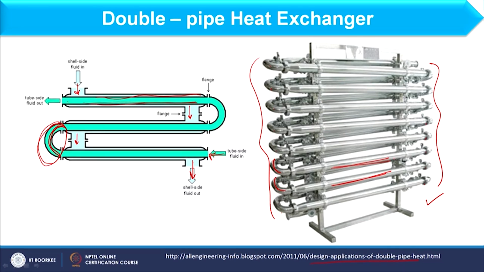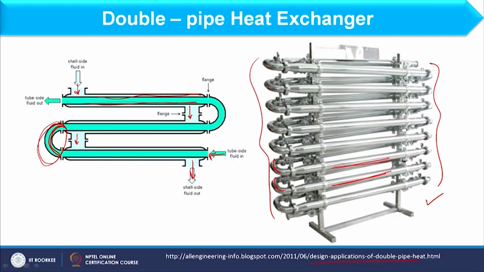So why am I putting this hairpin, or the U-turn, in a double pipe heat exchanger? The reason is very simple: it should occupy less space on the floor. If you are considering two concentric pipes, as we increase the area, the length of the pipe will increase significantly, and therefore it will occupy more and more space on the floor.